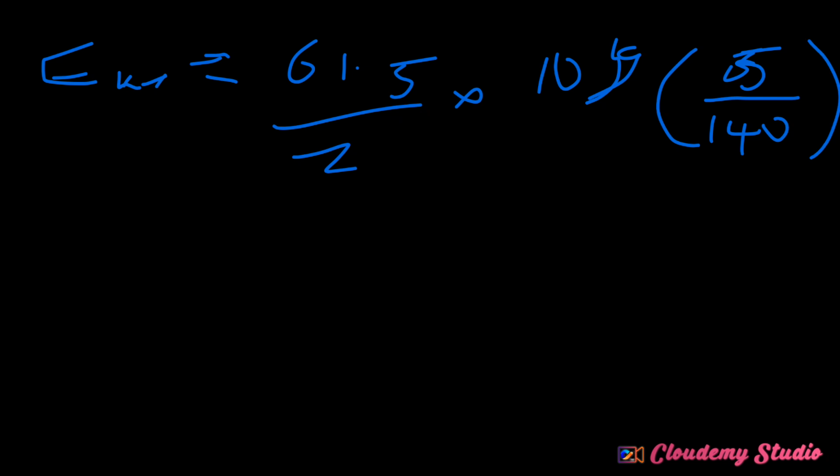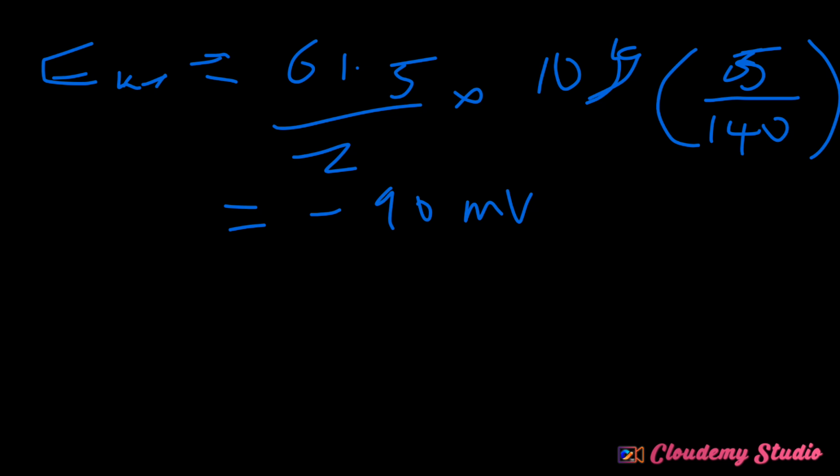And what is 5 over 140? That is the potassium ion gradient outside of the cell divided by the potassium ion gradient inside of the cell. If we calculate this, it is potassium ion, we are going to be getting around minus 90 millivolts. You understand? We are going to get around minus 90 millivolts. It might be approximately and stuff like that. So we are going to get around minus 90 millivolts because it is the potassium that brings the cell into minus 90 millivolts.